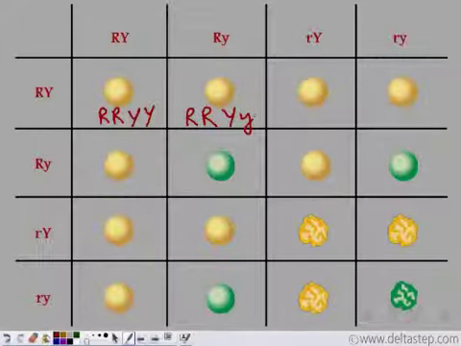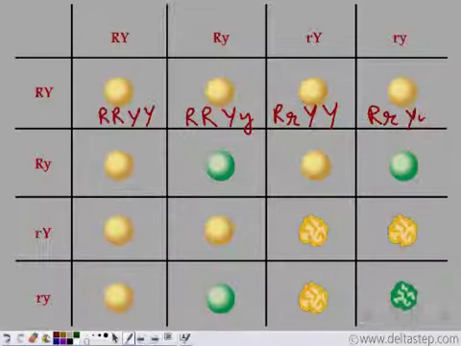Similarly, this seed has the genotype capital R, small r, capital Y, capital Y. This round and yellow seed has the genotype capital R, small r, capital Y, small y. Now similarly, for this seed, the genotype is capital R, capital R, capital Y, small y.